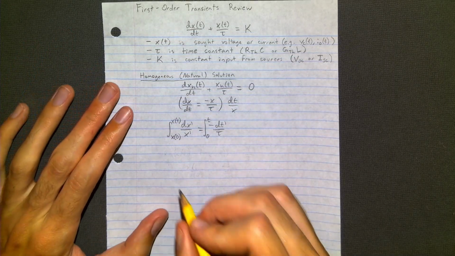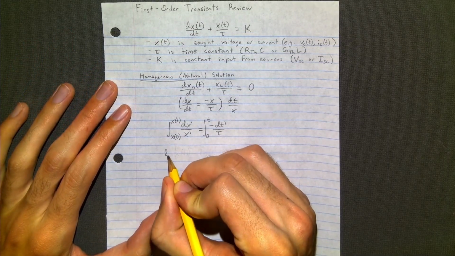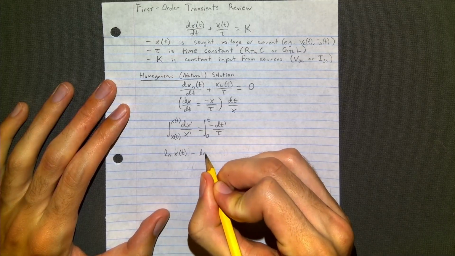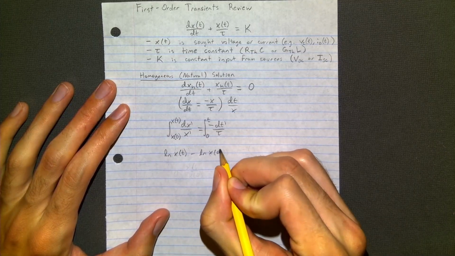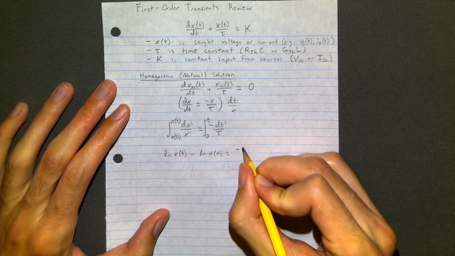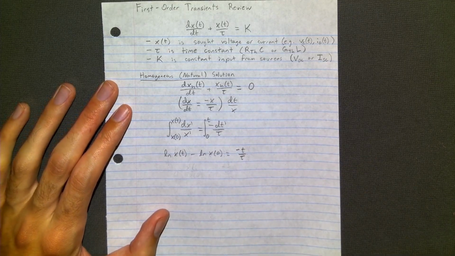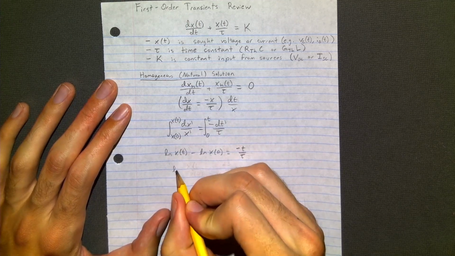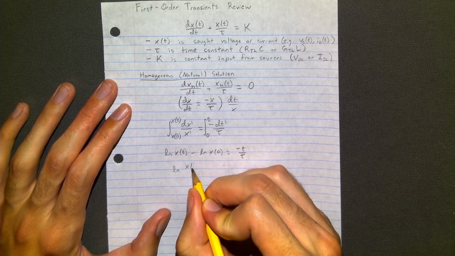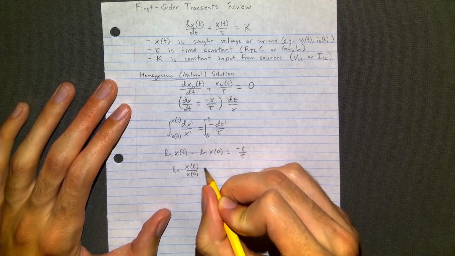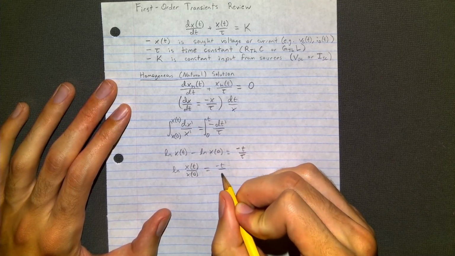Solving these integrals gives us ln of x of t minus ln of x of 0 equals negative t over tau. And rewriting, we have ln of x of t over x of 0 equals negative t over tau.